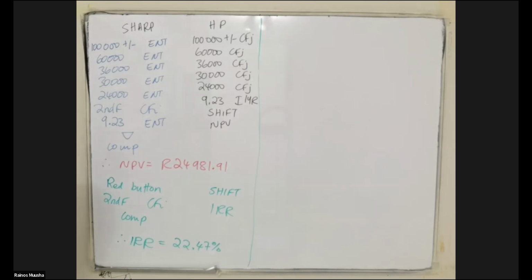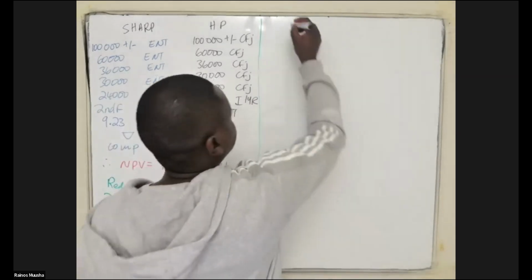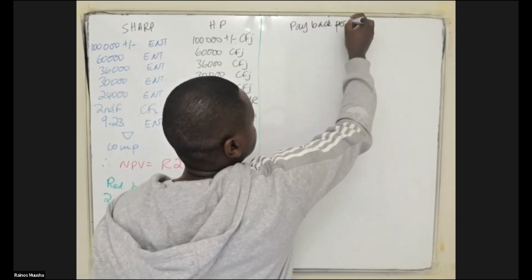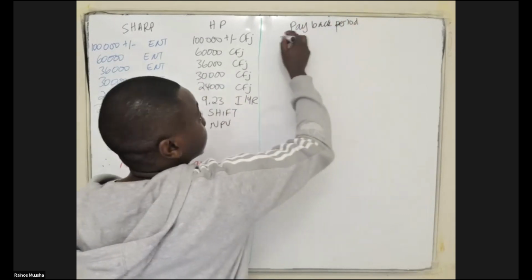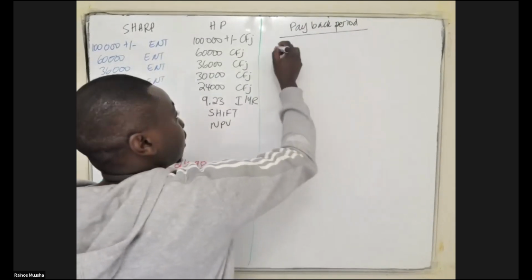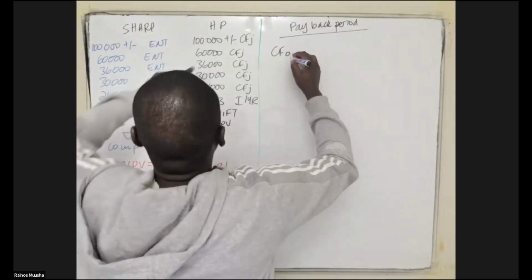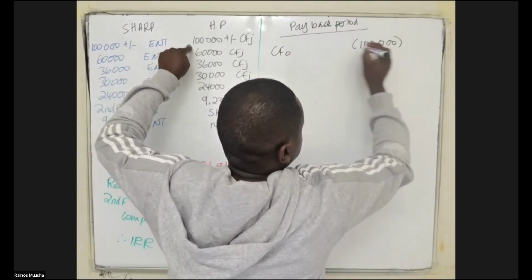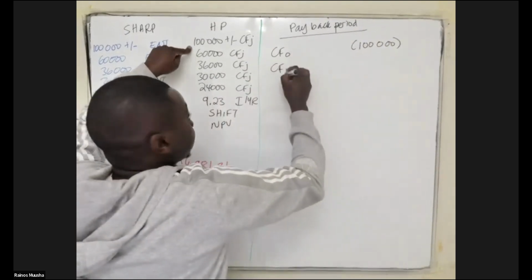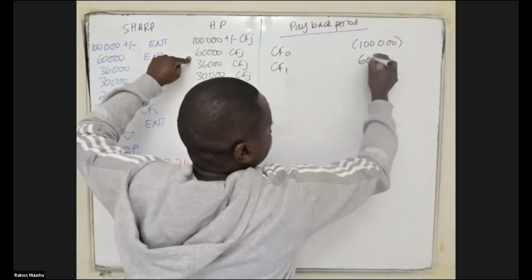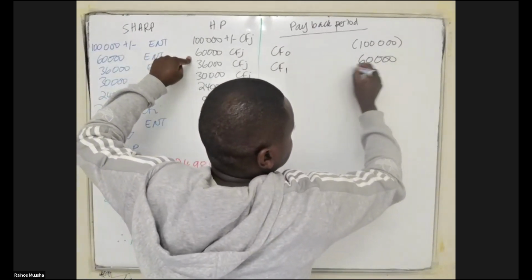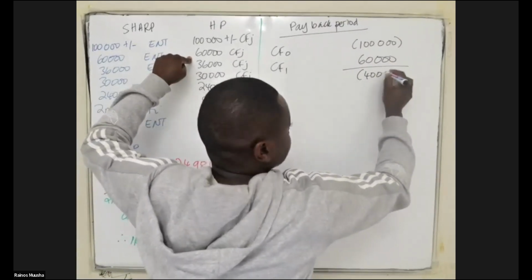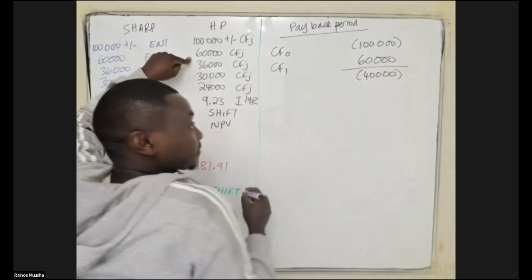So to get the payback period, our cash flow for year 0 is an outflow of 100,000. Then our cash flow at the end of year 1 is an inflow of 60,000. If we have an inflow of 60,000, we are still left with what? 40,000 that we need to recover.